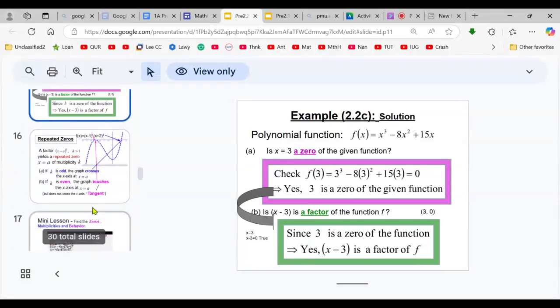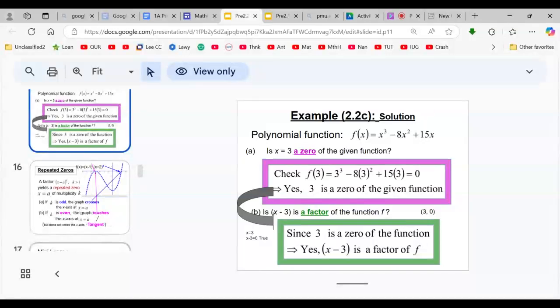The 3 is a zero, and x minus 3 is a factor. If you factor this, one of the factors will be x minus 3. Because if you replace x by 3 and you get answer 0, that means 3 is a zero of the function.